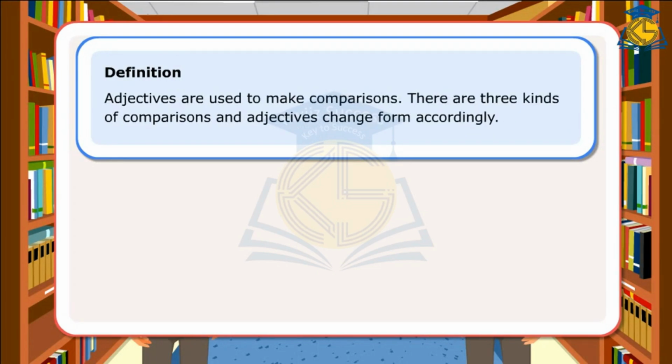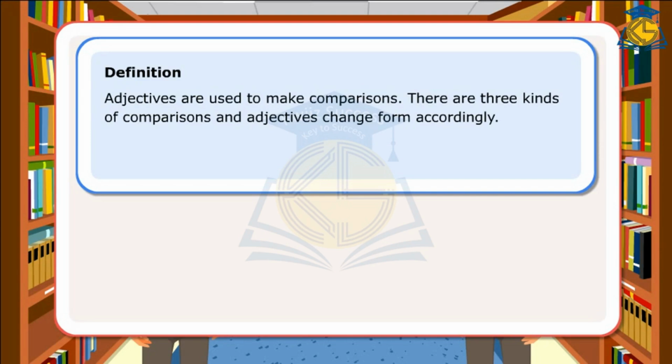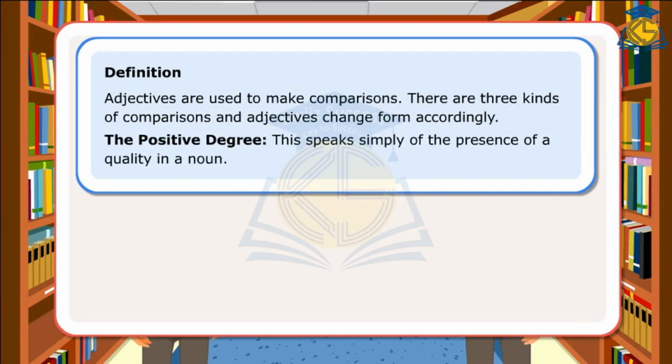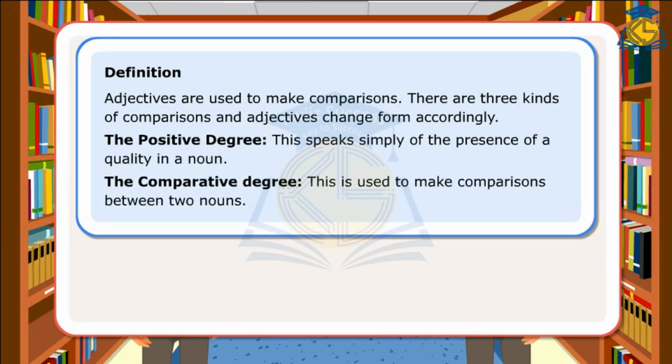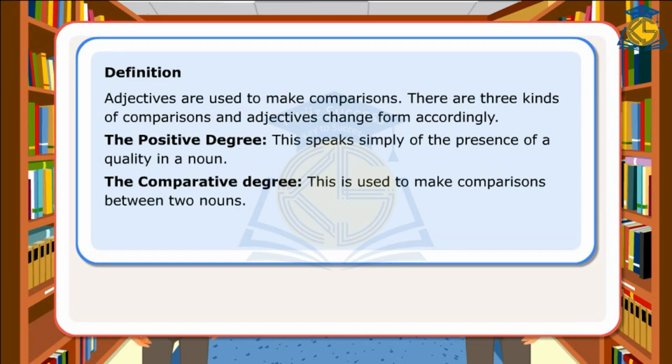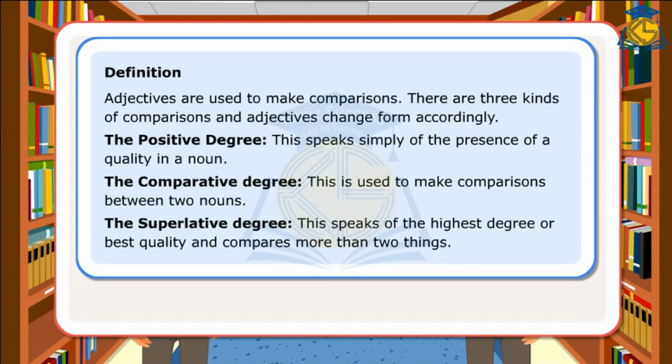Adjectives are used to make comparisons. There are three kinds of comparisons, and adjectives change form accordingly. The positive degree speaks simply of the presence of a quality in a noun. The comparative degree is used to make comparisons between two nouns. The superlative degree speaks of the highest degree or best quality and compares more than two things.